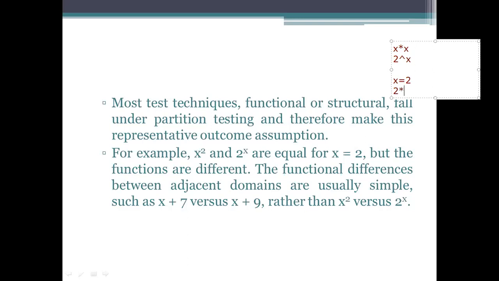That is 2 into 2, which is 4 here. Coming to the next one, 2 power 2, which is also 4. Both provide the same answer, but the actions we are performing are not equal when we take another input value.